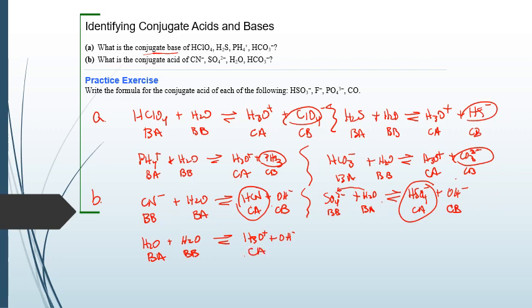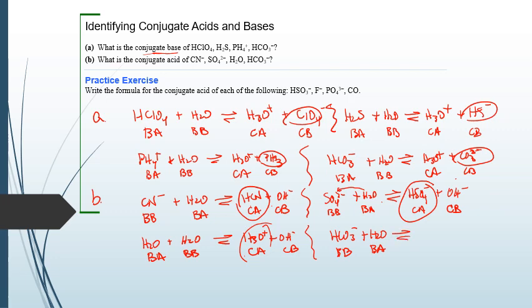H3O plus would be my conjugate acid, OH minus my conjugate base. And for our last example, we have HCO3 minus. You'll notice in the first reaction, it was acting as a Bronsted acid. We're going to do this next one where it can act as a Bronsted base as well. So I'm going to keep using water as the Bronsted acid.